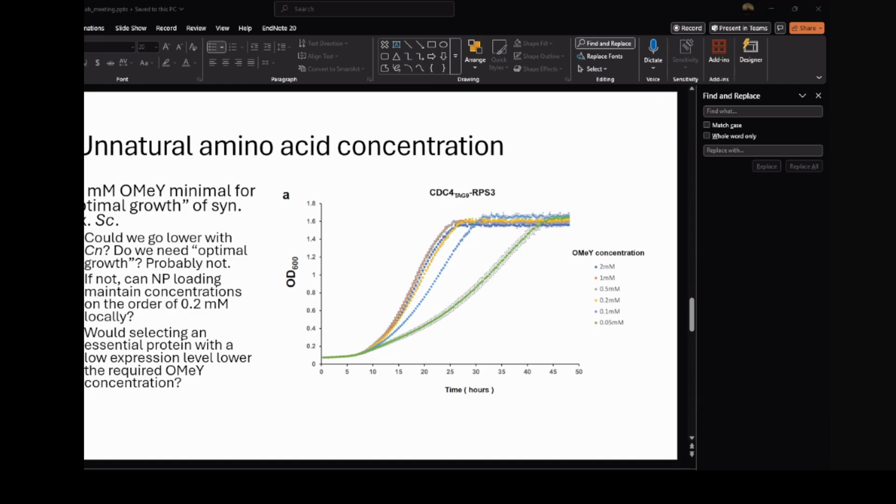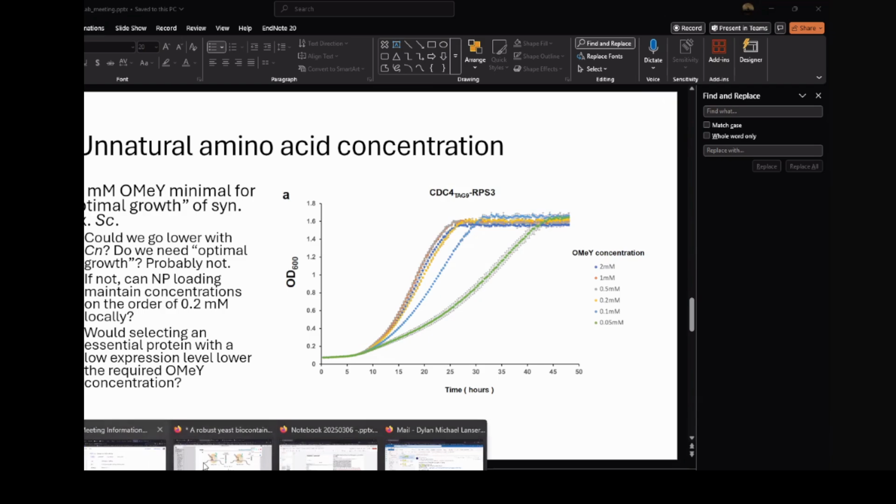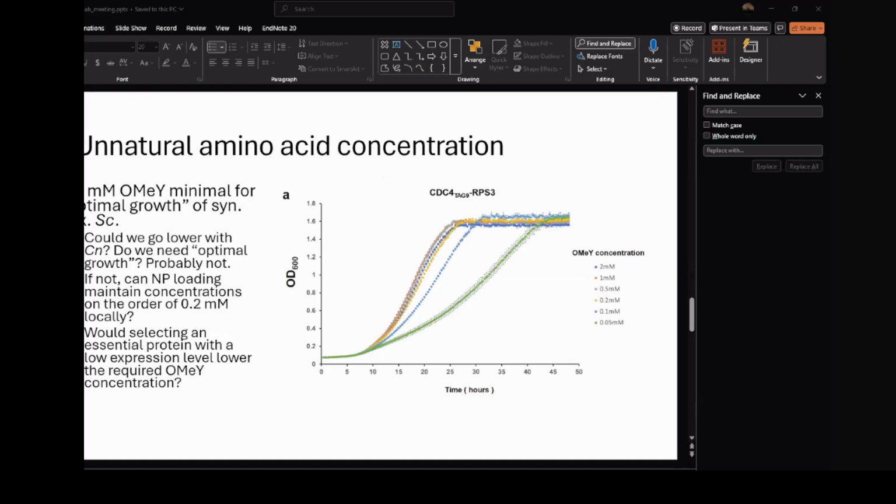So they use 1 millimolar in their initial test. Sorry, I meant what was the molecular weight of the amino acid? It's hidden for me behind the screen here. One second. Let me see, I'll just look up the MSDS for O-methyltyrosine.